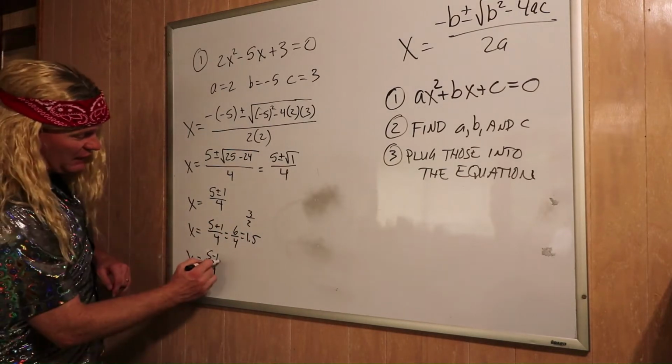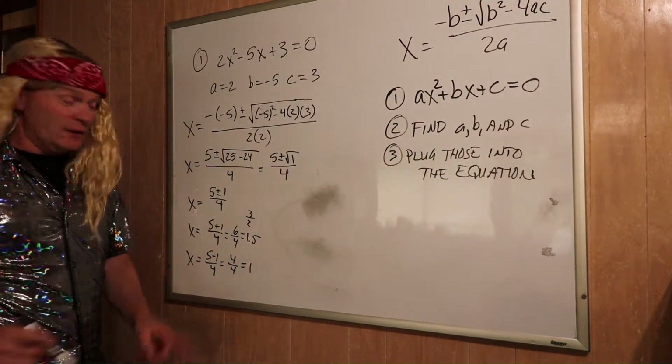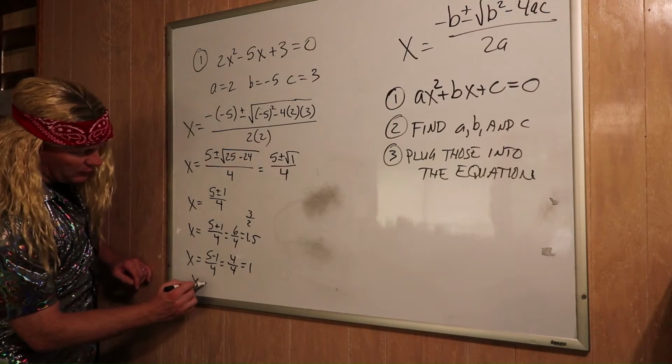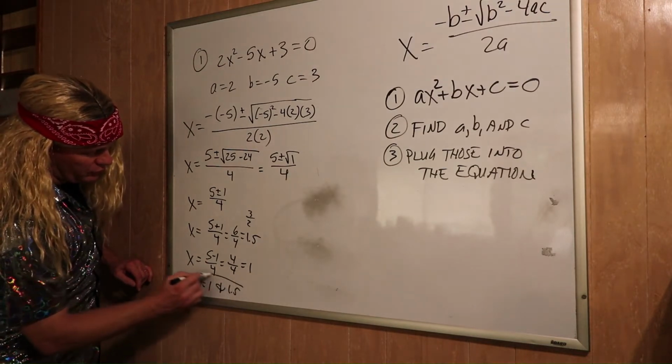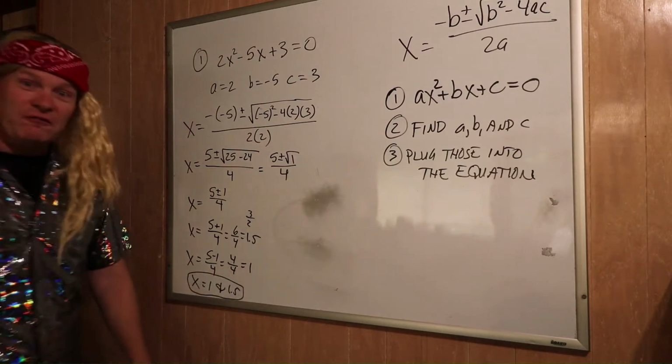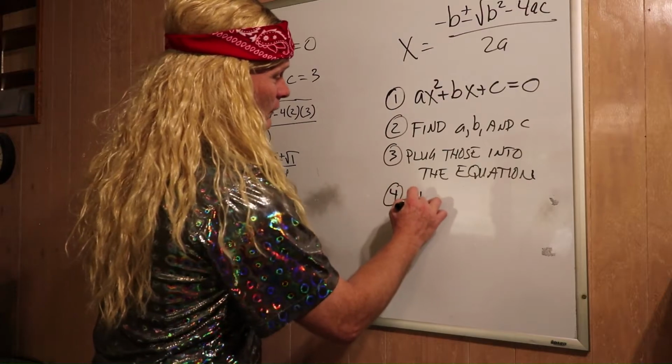And then, let's see, 5 minus 1 is 4. 4 divided by 4 is 1. That means our two answers are x equals 1 and x equals 1.5. Rock on.